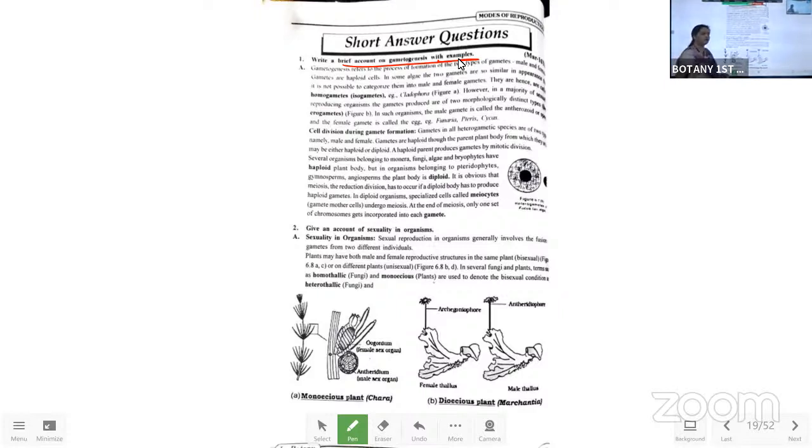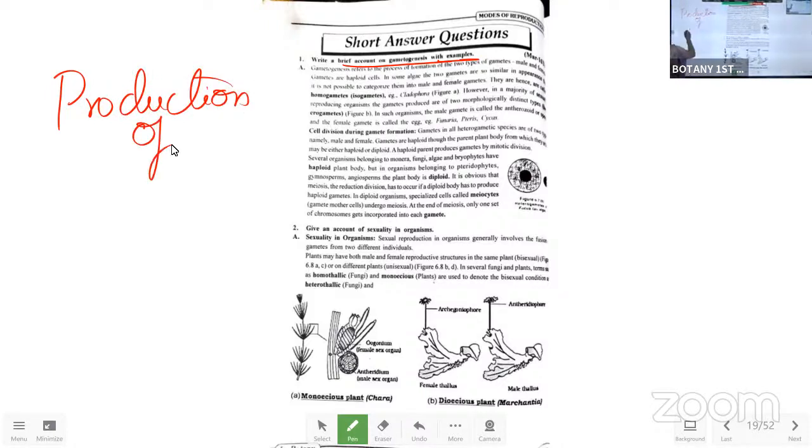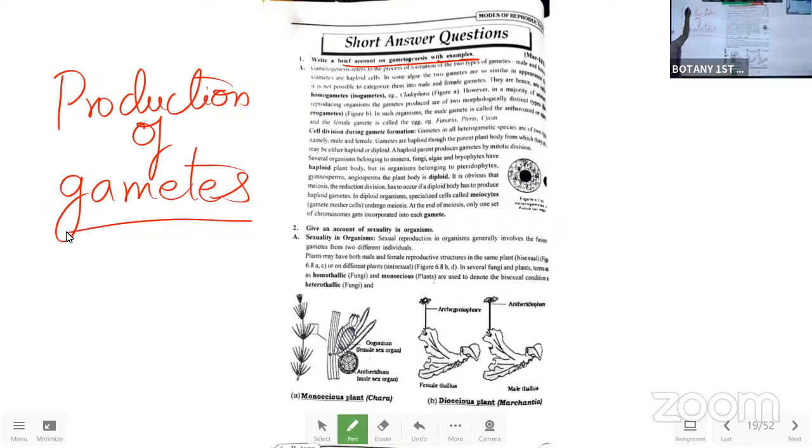That is the origination, otherwise generation or production of gametes. Formation or production of gametes is called gametogenesis.